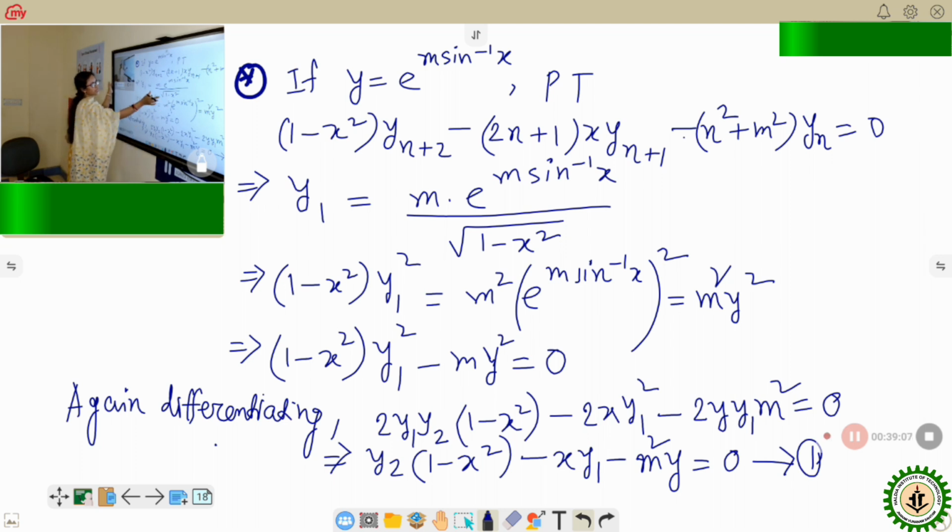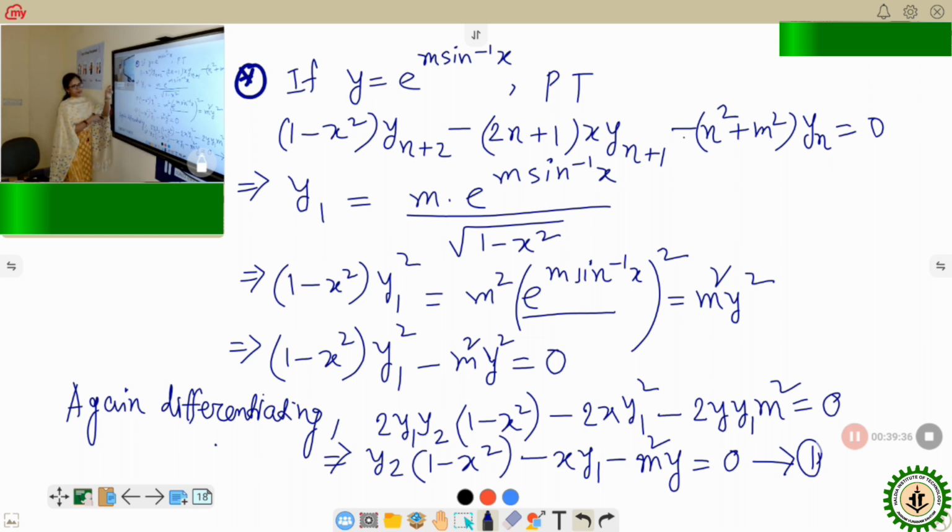To simplify it, just square both sides. So 1 minus x square into y1 square equals n square into the square of this term, which is nothing but the given function y. So n square into y square is coming. I have arranged it this way: 1 minus x square y1 square minus n square y square equals 0.